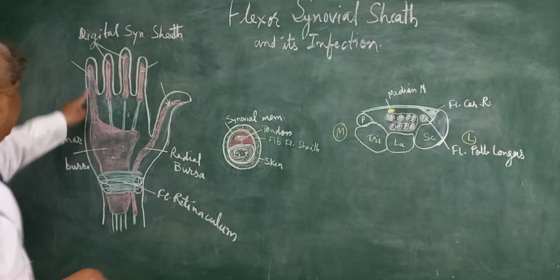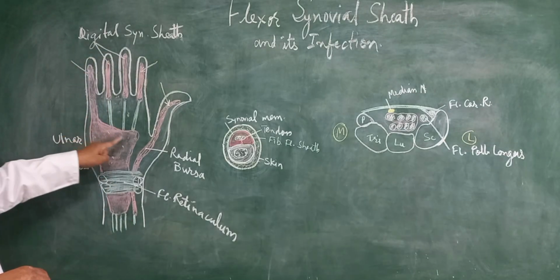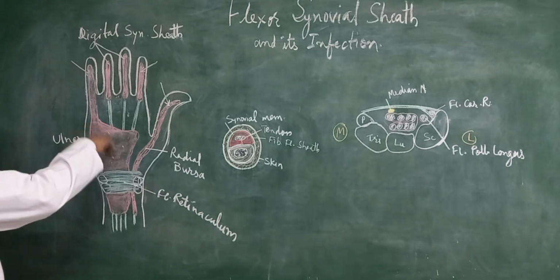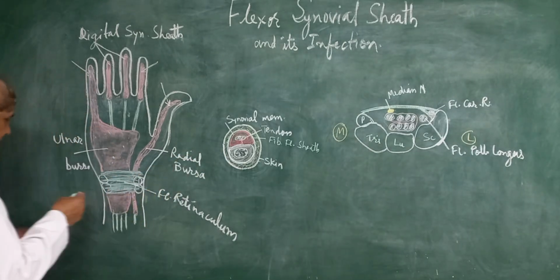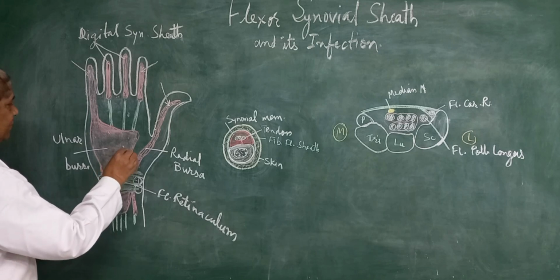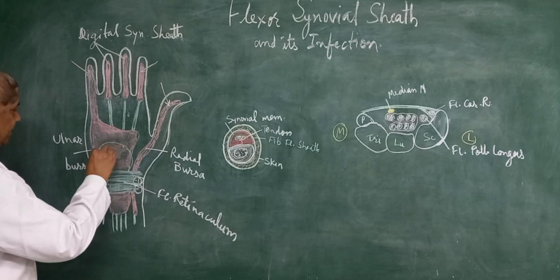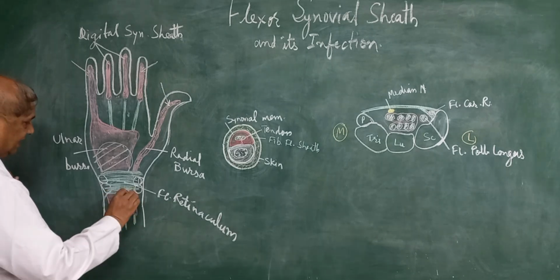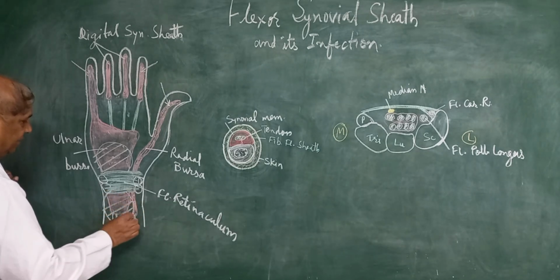Now suppose there is an infection from the little finger and the ulnar bursa is involved. Then it will go deep to the flexor retinaculum, and there will be a swelling here. It will swell up here. I am just drawing with this chalk, and there will be a swelling in front of the forearm.